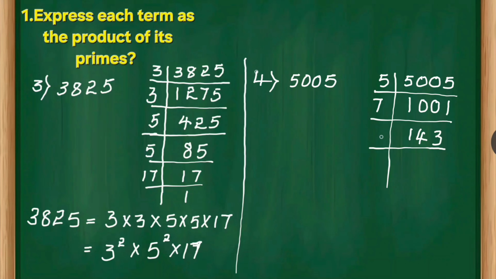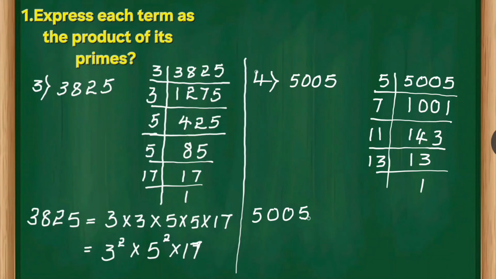We get 143. Now 143 can be divided by the prime number 11. So 1 11s are 11, 33 will remain, 3 11s are 33. So by dividing 143 by 11 we get 13. 13 again can be divided by itself. So 1 13s are 13.